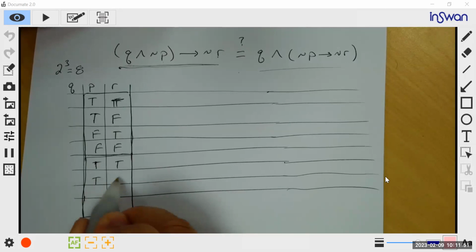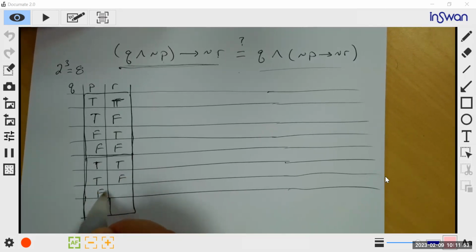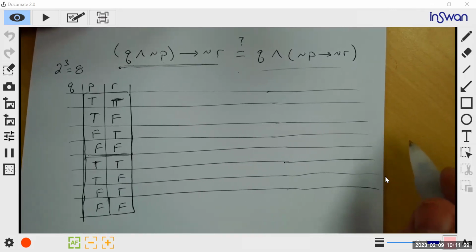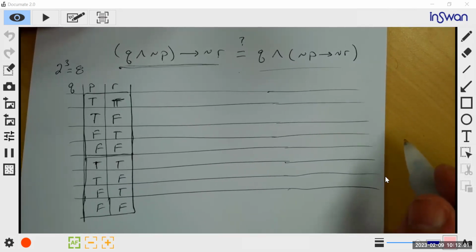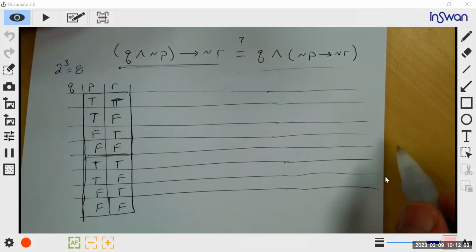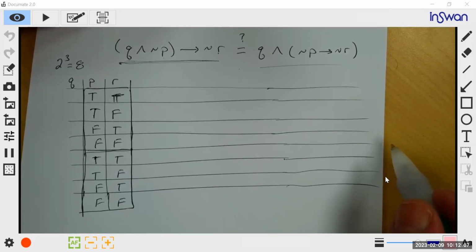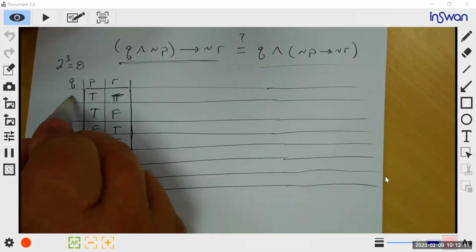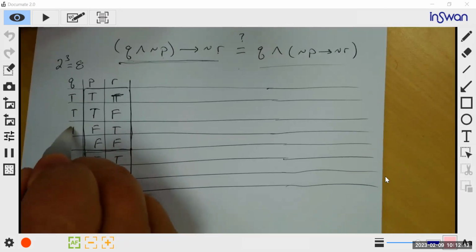True, true, true, false, false, true, false, false. Now, all of these top 4 are if Q is true.